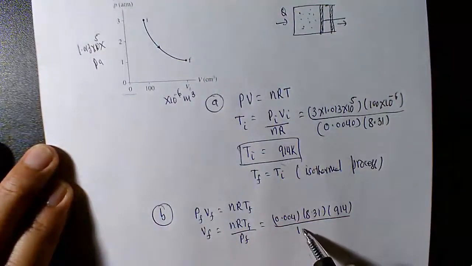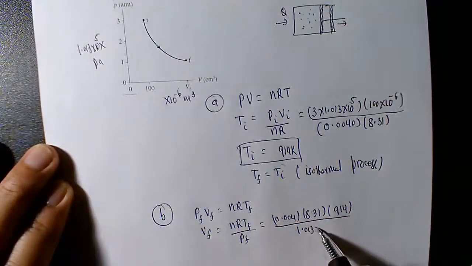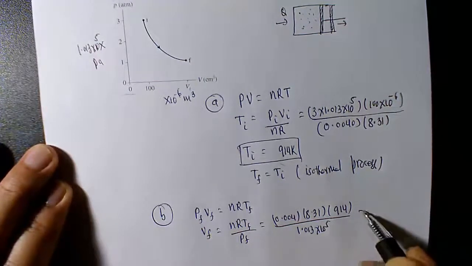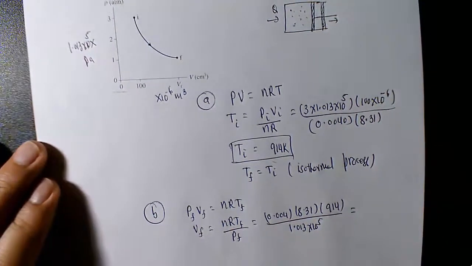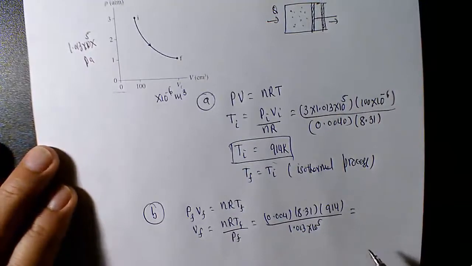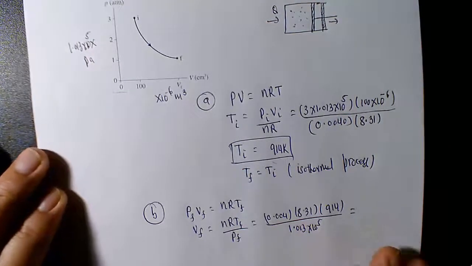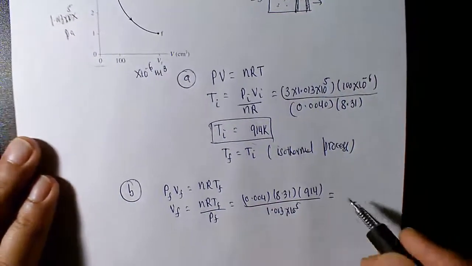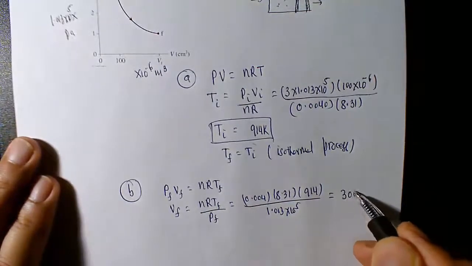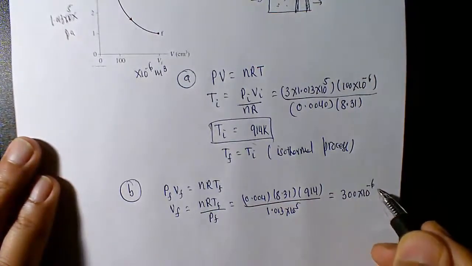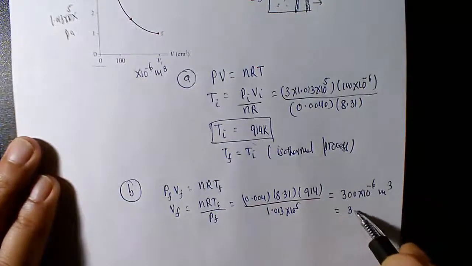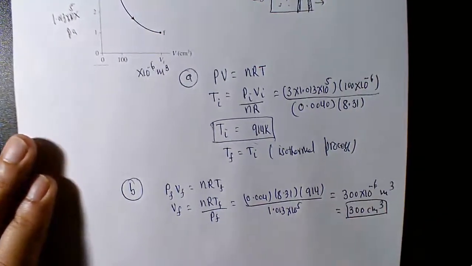One atmosphere is 1.013 times 10 to the power 5. That should be your volume, and if you calculate that, it's going to be 300 times 10 to the power negative 6 meter cube, or this is the same as 300 centimeter cube. You can just keep it in meter cube.